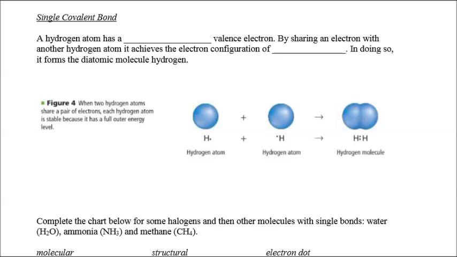However, we have different types of covalent bonds. We can have a single covalent bond. So a hydrogen atom has a single valence electron. By sharing an electron with another hydrogen atom, it achieves the electron configuration of helium.